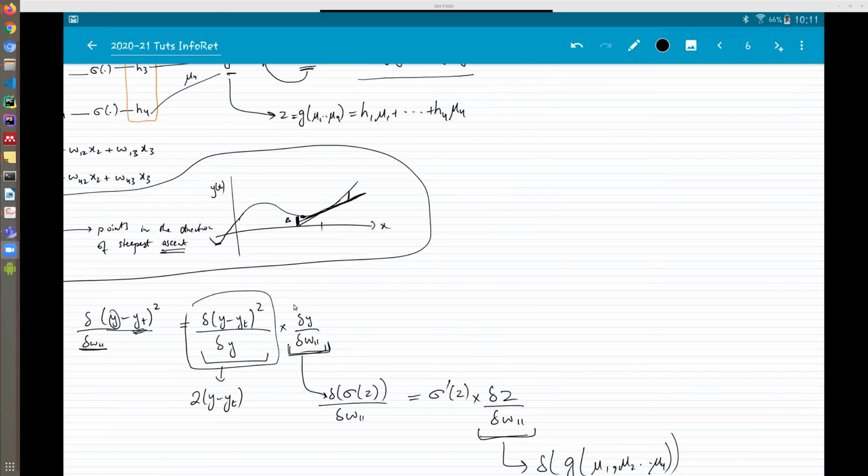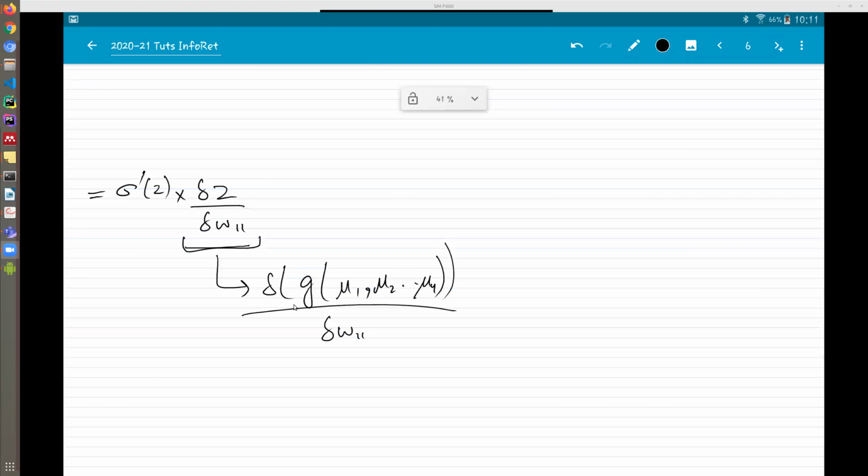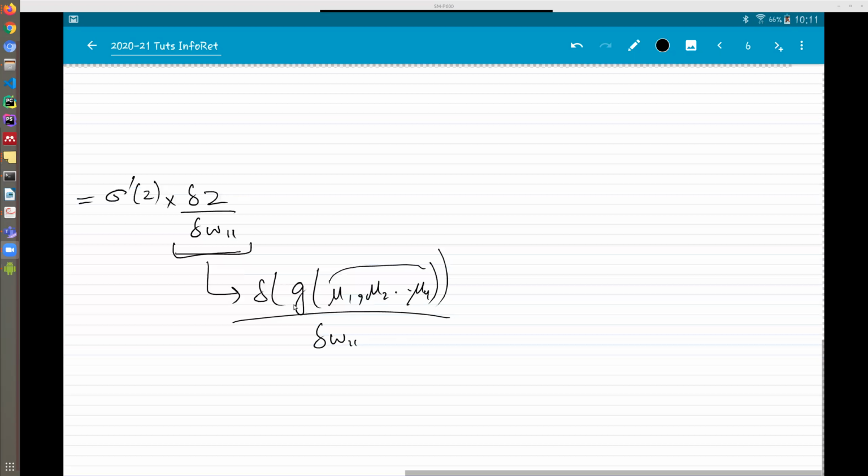So now when we need the partial with respect to this, you can see our function has multiple variables. This is one of the points where the Jacobian comes into play. This partial will not be a scalar value. This will be a vector value.